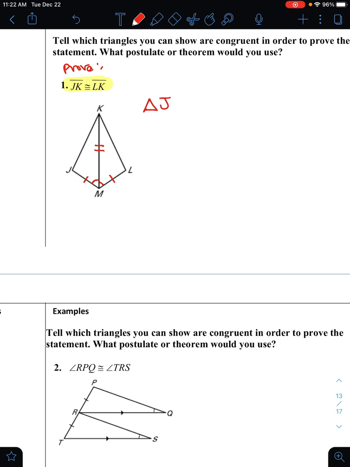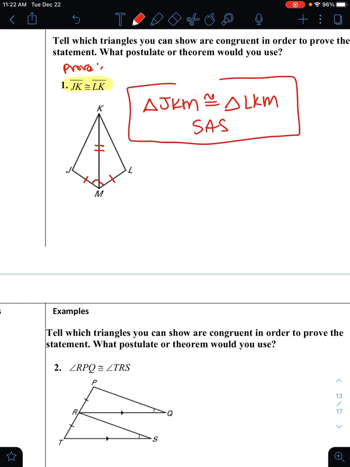So I'm going to call this one JKM is congruent to, so that means I need to say LKM. And the postulate or theorem I used was SAS. Okay? Now, if I were to go on and prove what I highlighted, I would say, well, that's congruent by CPCTC. This corresponding parts of congruent triangles are congruent. But the question really just asked for this.